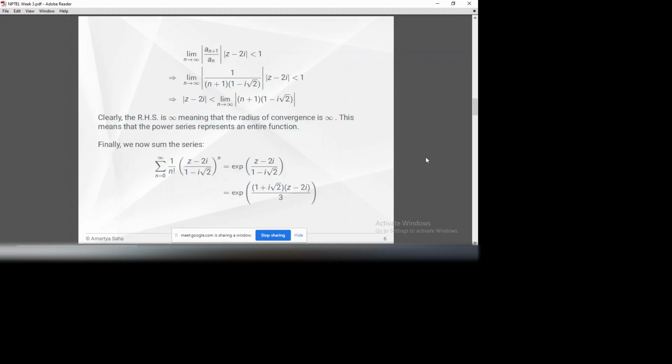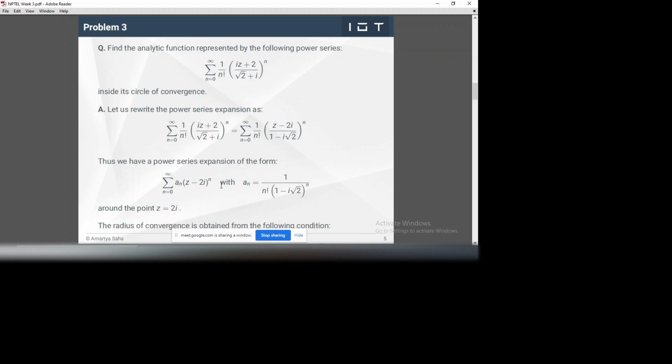So what is the criterion? The series was the sum of a_n (z - 2i)^n. What is the criterion for convergence? This is the nth term of the summation, right?